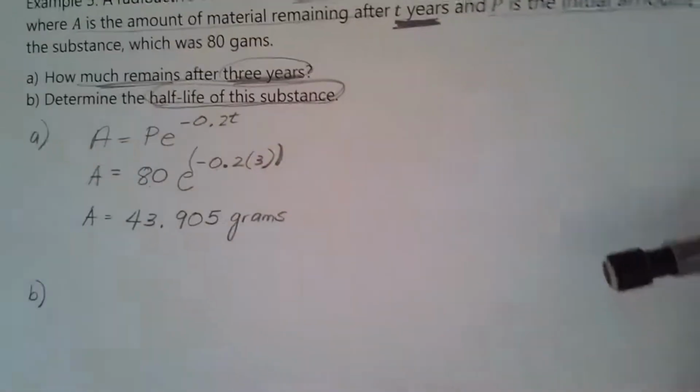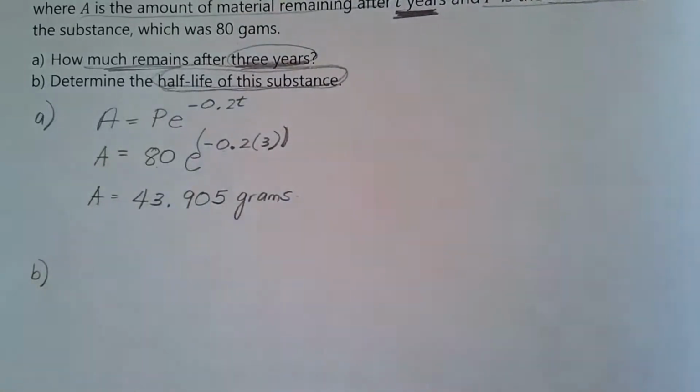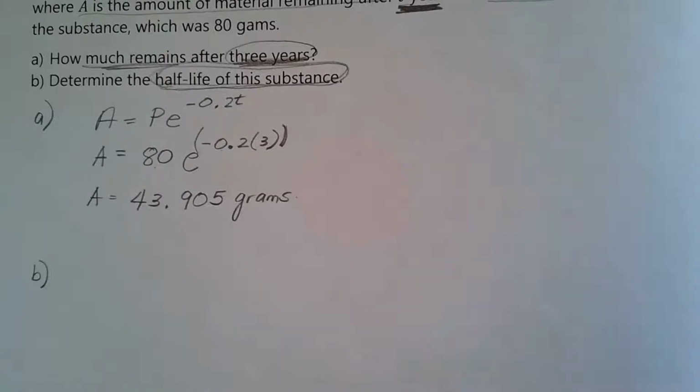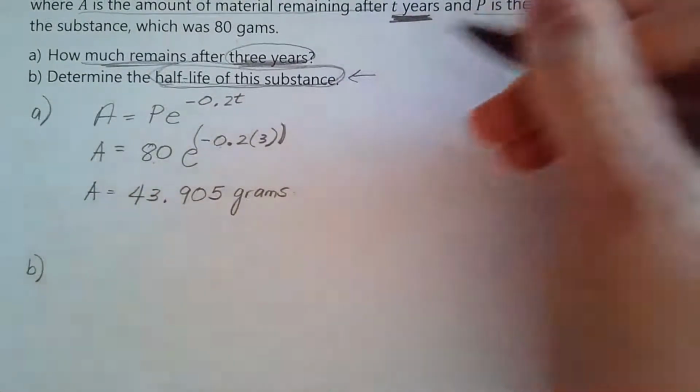You might see the word half-life of radioactive substances. It means how long it takes for the original amount to get cut in half. So that's what is meant by half-life.